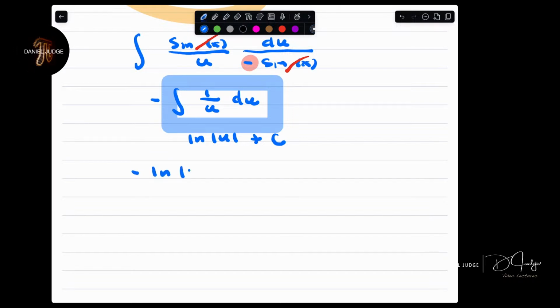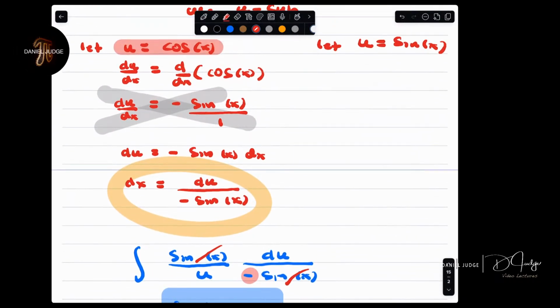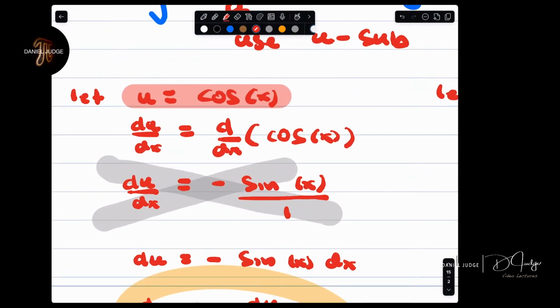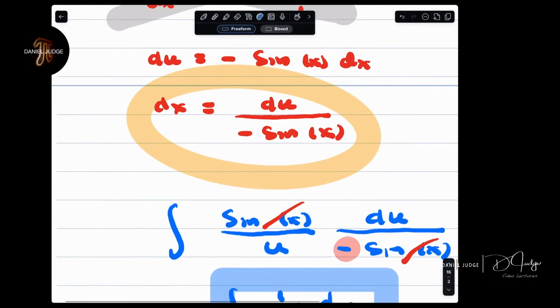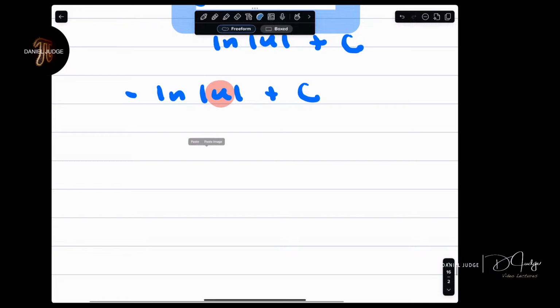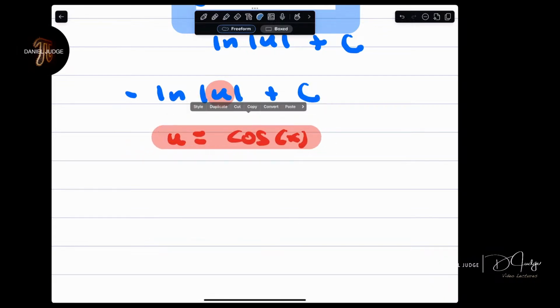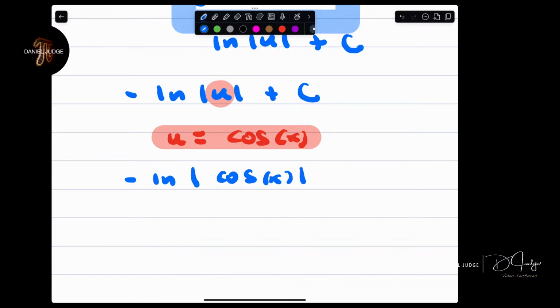And putting this all together, just simply replace u now with what it is. So you might say, what was u to begin with? Well, u is over here. U is cosine x. So, ladies and gentlemen, we're going to use that. Okay. And so our final answer is going to be minus natural log absolute value of cosine x plus c.